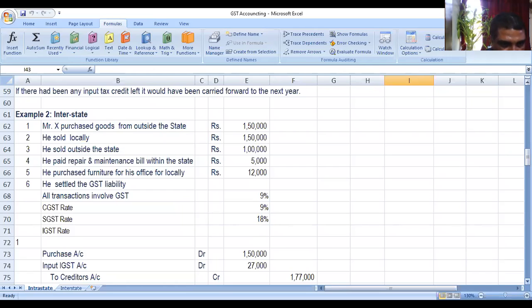He settled the GST liability. All transactions involve GST: CGST rate 9%, SGST rate 9%, IGST rate 18%. Okay. And there is some alignment problem.